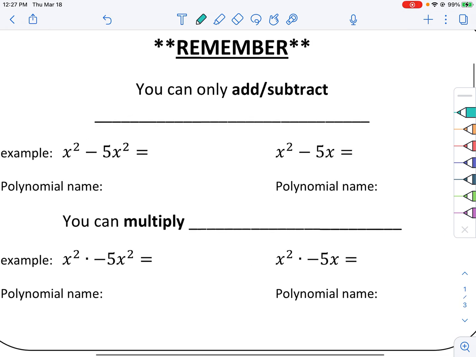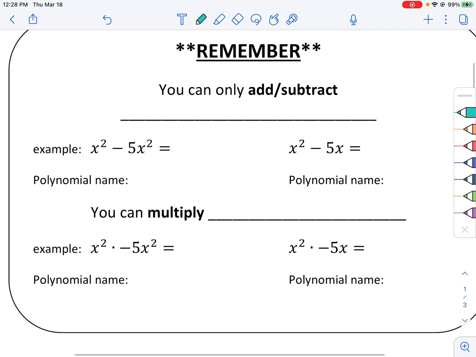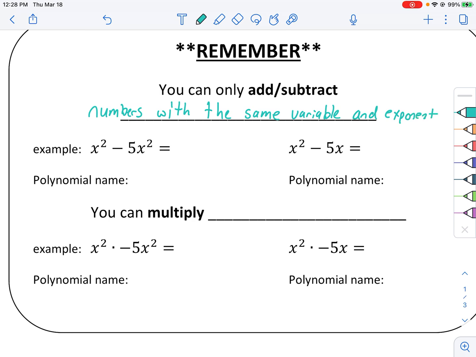So let's come down here. Remember, we can only add and subtract numbers with the same variable and exponent.